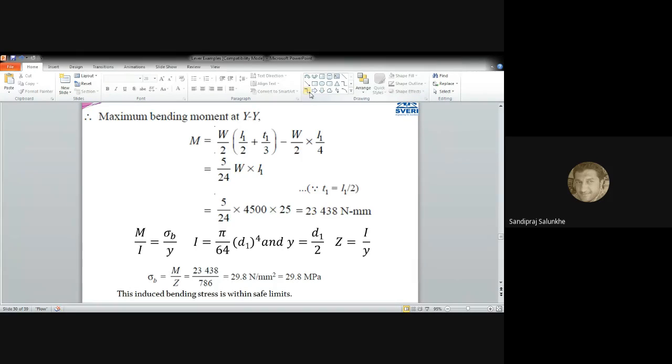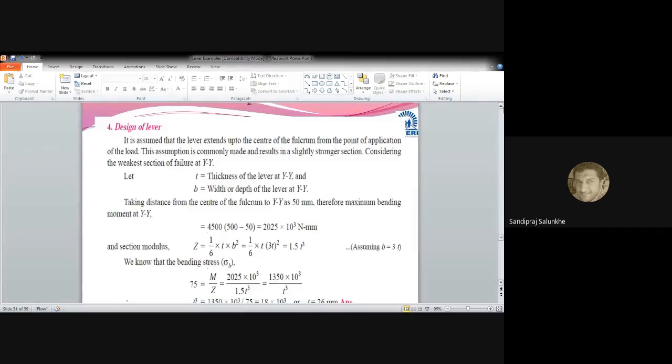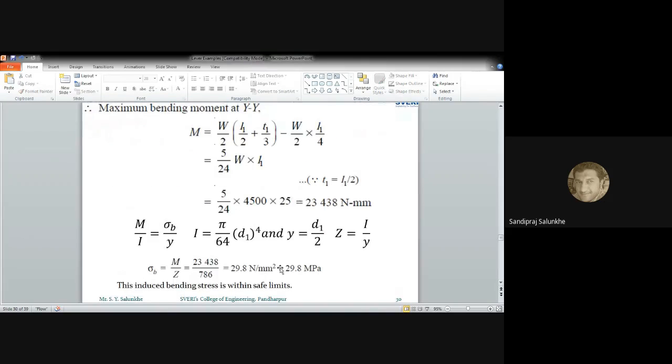The allowable bending stress, that is tensile stress, is 75 megapascal, and what we have calculated is 29.8 megapascal. So definitely the dimensions which we have calculated for the pin are safe, and hence it is working in bending stress also.